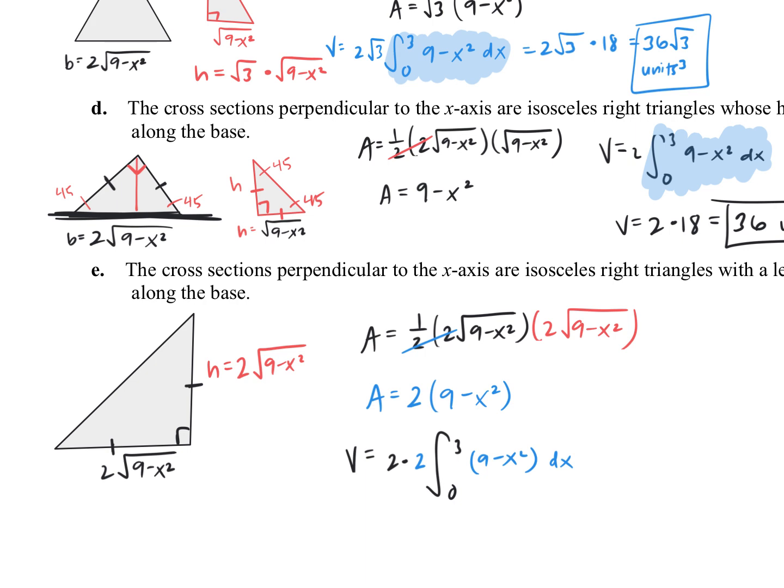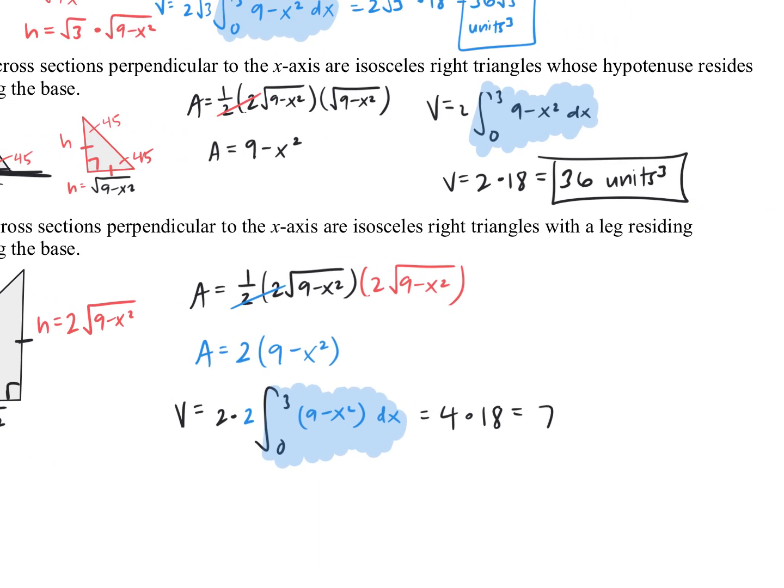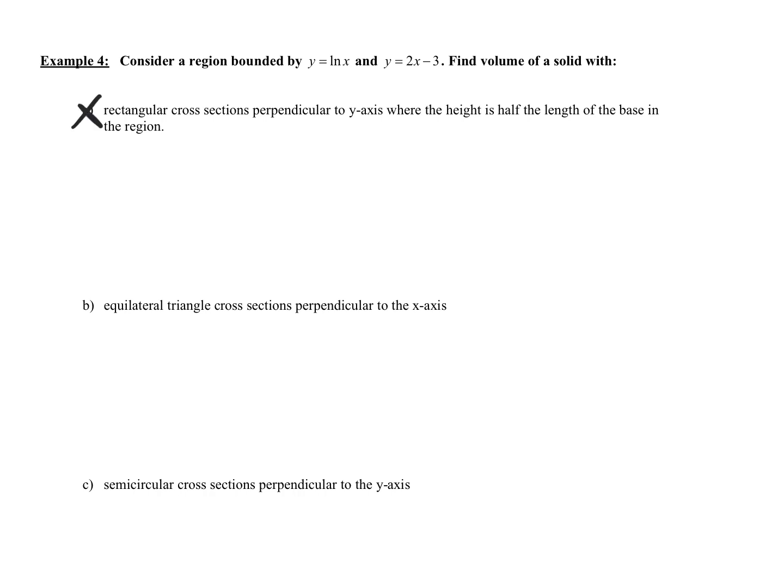And I already know this is equal to 18. So then what is 4 times 18? What is it? 72, yes. 72 units cubed. So you can cross out A, you can cross out B.